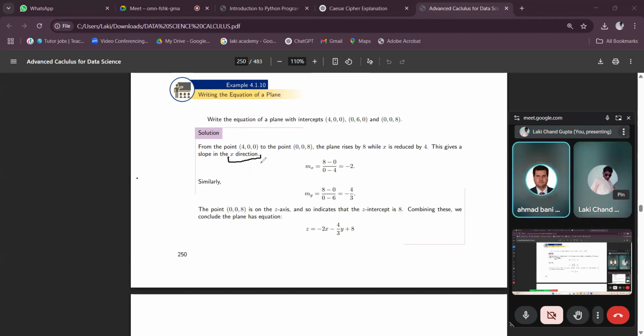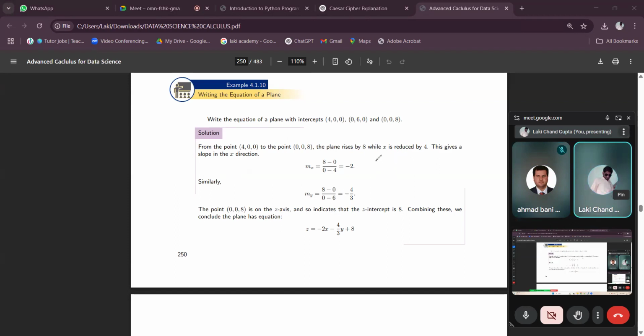We have three points. For the x extension, we find the slope for the first direction, and then for the second direction. Here it is saying that the plane rises by 8 while x is reduced by 4.